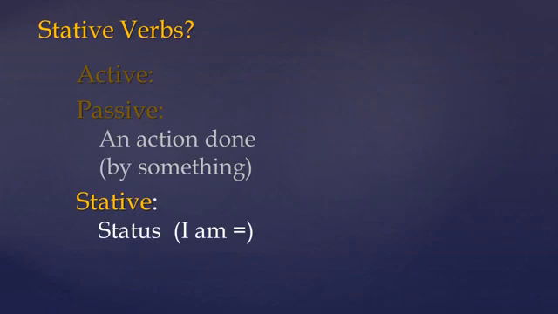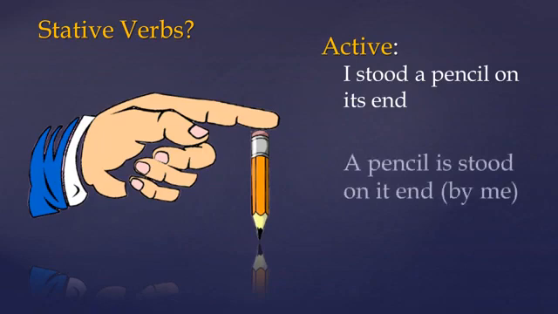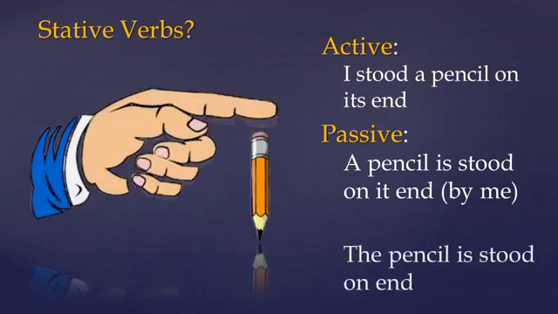So for instance, we could say, I stood a pencil on its end, which would be active voice. A pencil is stood on end by me is passive voice, but the pencil is stood on end can just be expressing the status of the pencil.